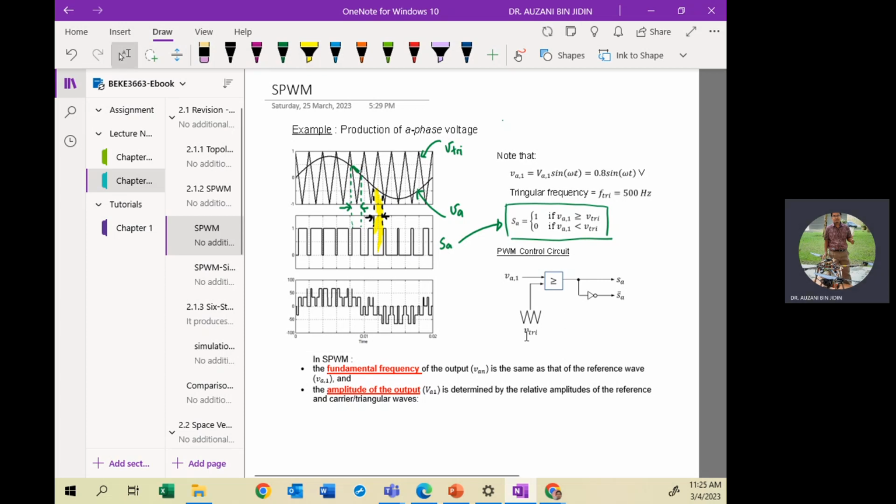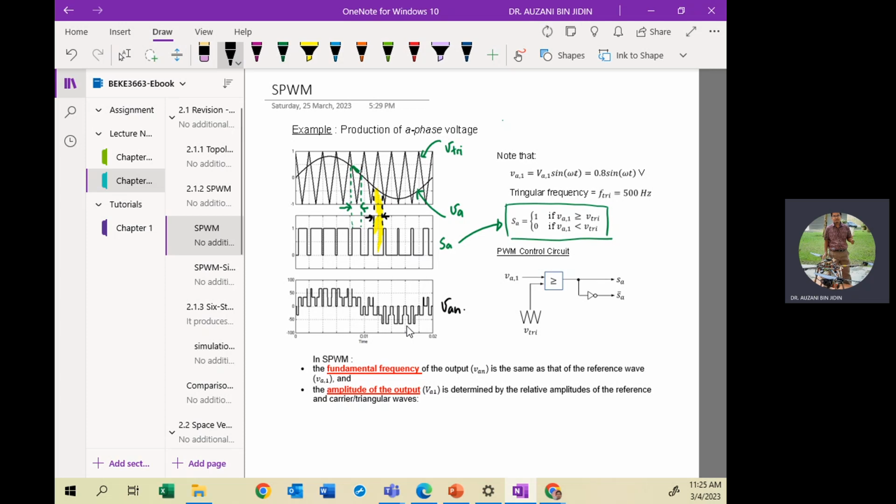Okay, by applying this technique, SPWM, finally you can have the phase voltage here, VAN. Of course, the switching pattern, the wave shape of VAN, is due to the switching of the switching states SA, SB, and SC.